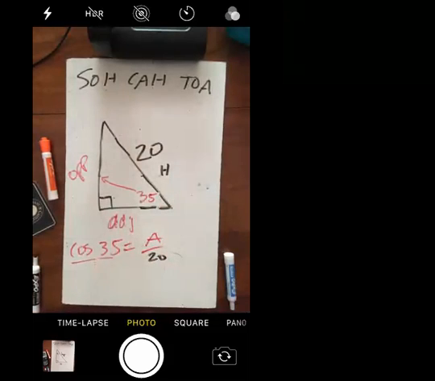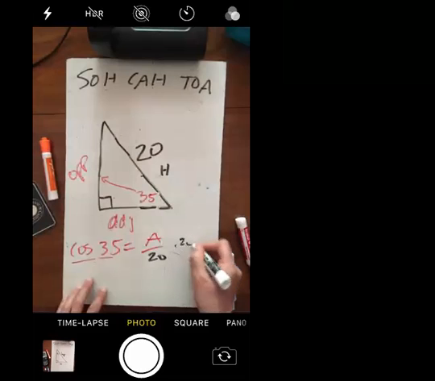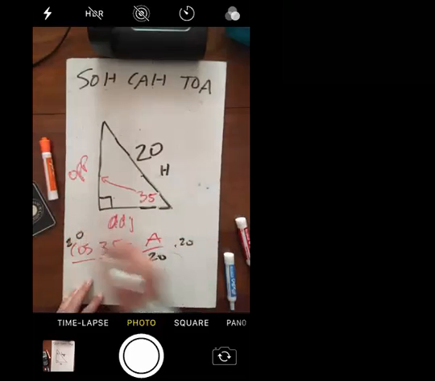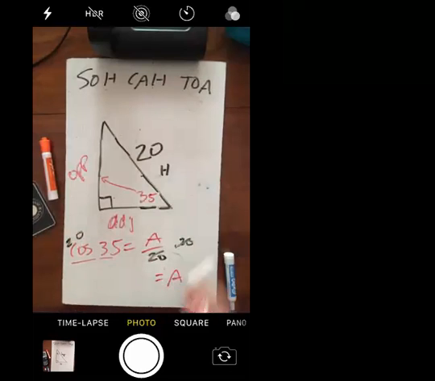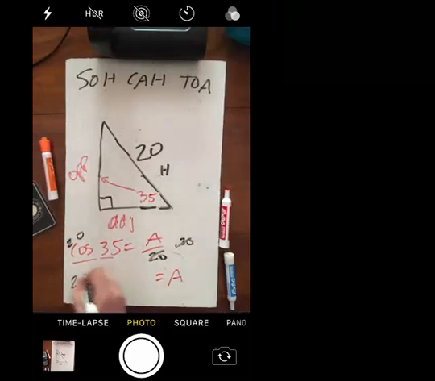So multiply both sides by 20. So we get that a equals 20 times the cosine of 35. When we estimate that on the calculator, we get a is approximately 16.38 units.